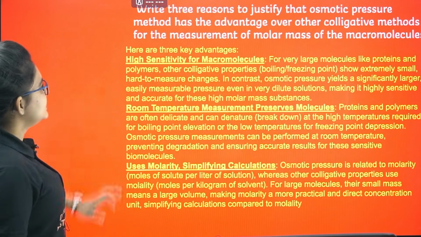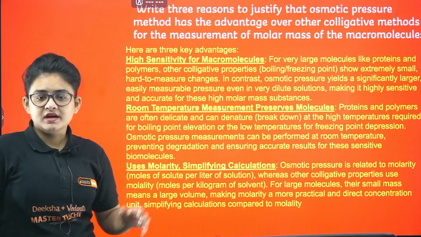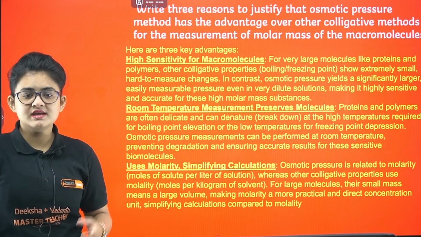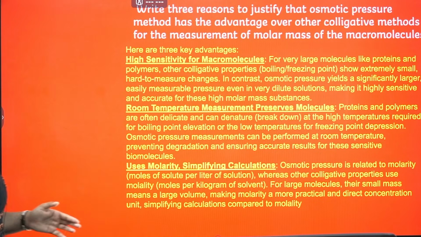Let's proceed further. Write the reasons to justify the osmotic pressure method. The osmotic pressure method has the advantage over the other colligative methods for the measurement of the molar mass of macromolecules. So here come three different reasons. First, high sensitivity for macromolecules.